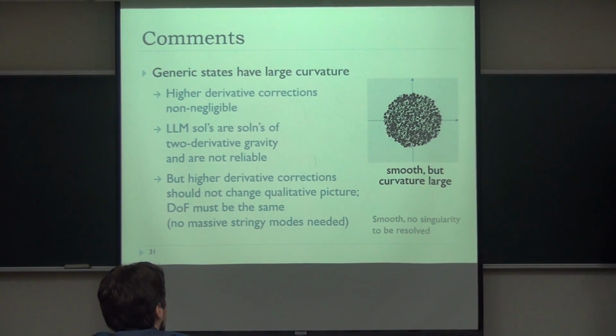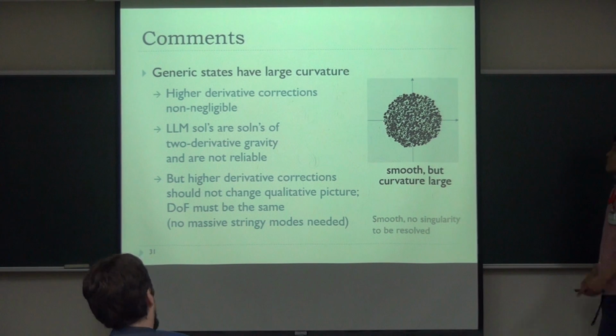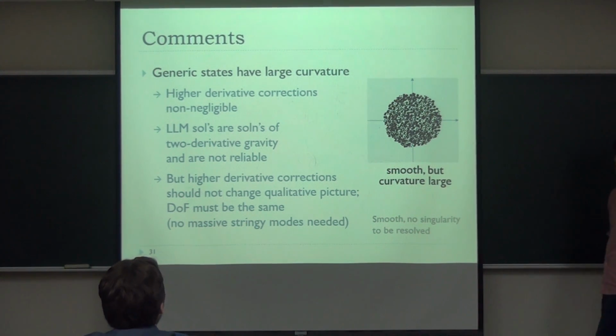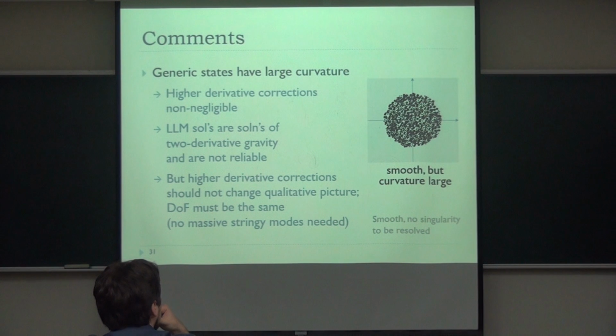So the LLM solutions are not really reliable. LLM solutions are solutions of two derivative gravity, and whether this is a reliable solution or not is really questionable. But we think that the higher derivative corrections are certainly important, but they should not change the qualitative picture.